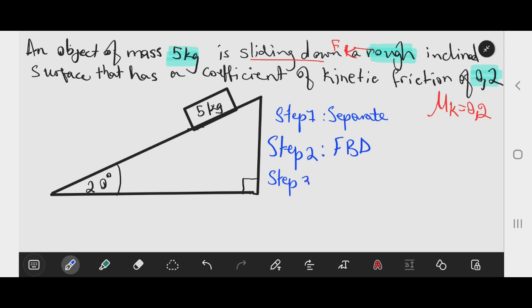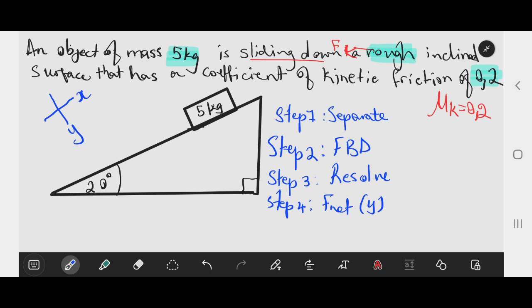It means we'll be showing all the forces acting on that object in our free body diagram. And then step number three, we resolve any forces that need to be resolved. In this case, we will be using our system of axes as x and y. So anything which is not in the x direction and y direction will be resolved. That is step number three. And then step number four, we obtain our F net in the y-axis.